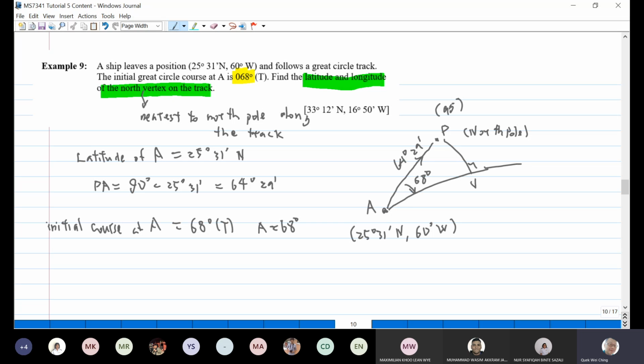The angle at V is 90 degrees because V is the nearest point to the North Pole, so the distance from P to V must be 90 degrees. So the vertex angle V is equal to 90 degrees.